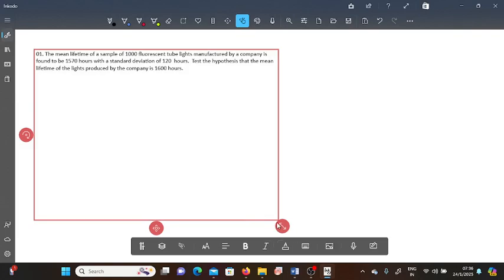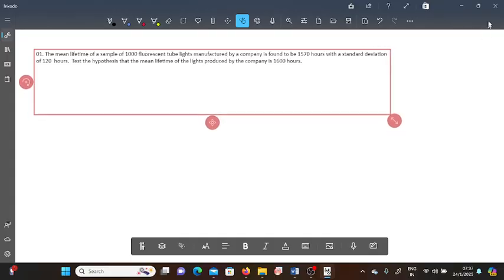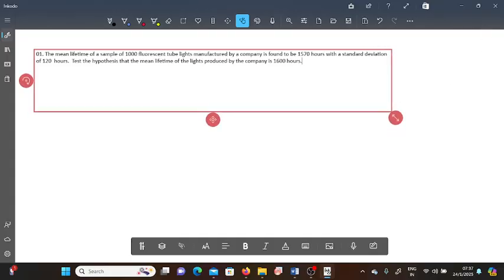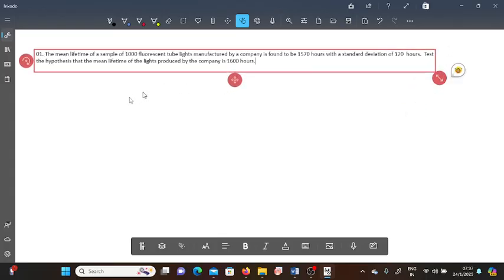If we consider this problem, we can see what has been given. The problem says that the mean lifetime of a sample of 1000 fluorescent tube lights manufactured by a company is found to be 1570 hours with a standard deviation of 120 hours.